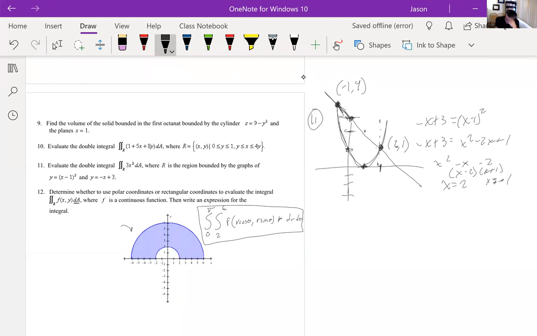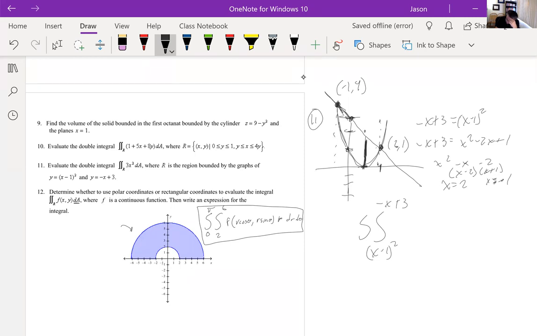So yeah, let's do a vertical slice here. We're going to say that the top function is my negative x plus 3. The bottom function is this x minus 1 squared. And then where do the x values go from?